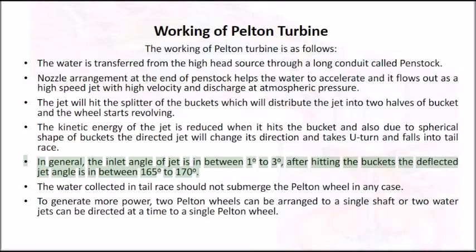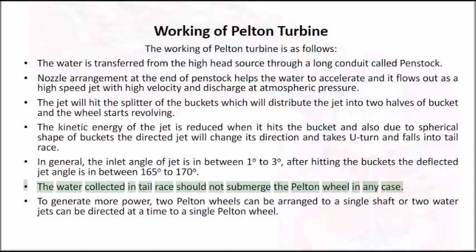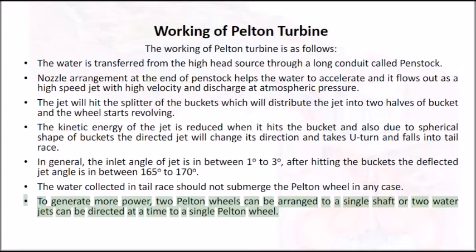After hitting the buckets, the deflected jet angle is between 165 to 170 degrees. The water collected in the tail race should not submerge the Pelton wheel in any case. To generate more power, two Pelton wheels can be arranged on a single shaft, or two water jets can be directed at a time to a single Pelton wheel.